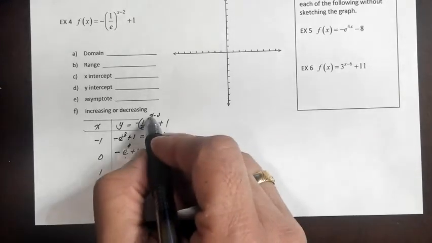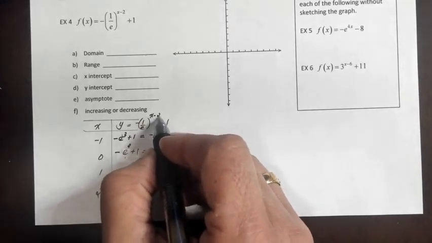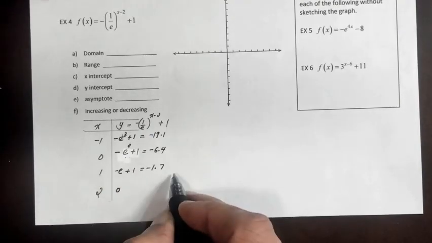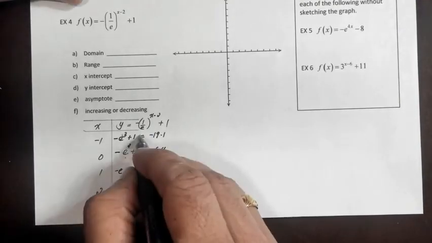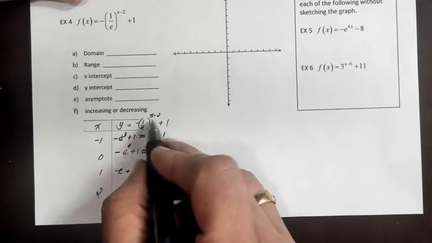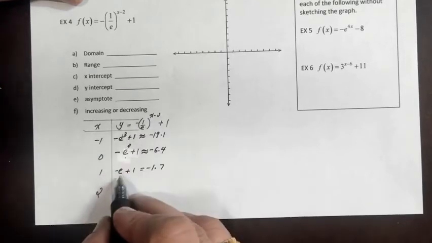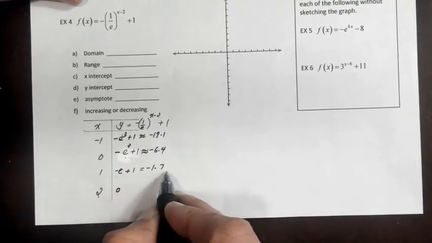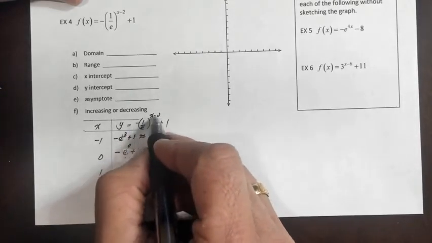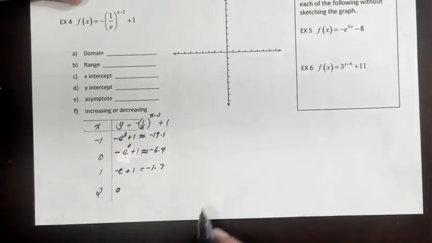When x is replaced by 0, 0 minus 2 is -2, that becomes -e squared plus 1. The value is -6.4, and that's an approximate value, not the actual value. When x is equal to 1, 1 minus 2 is -1, that would be -e plus 1, which is -1.7. And at 2, 2 minus 2 is 0. Anything to the power of 0 is 1, -1 plus 1 is 0.